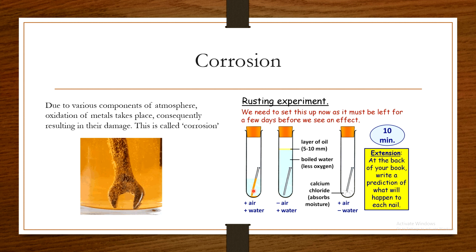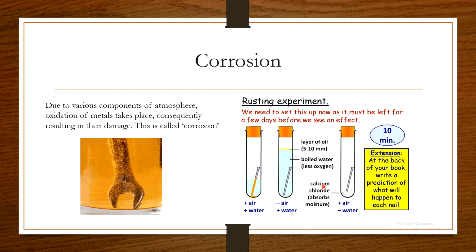In the second test tube there is water with a layer of oil, so there is no contact of oxygen from the air with the nail. In the third test tube, calcium chloride is there and the nail is just put in it, and the calcium chloride absorbs the moisture.